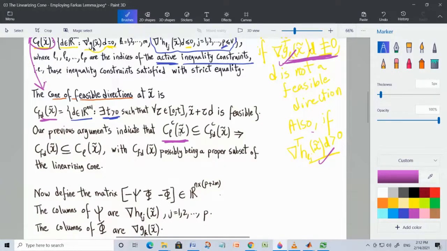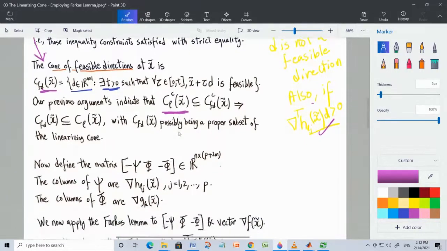Let's see where we are. The cone of descent directions in R^n consists of the directions u such that the gradient of the objective function f dotted with u is less than 0. Cone of descent directions means directions that if you move along them, you go to a new point at which the function f is strictly less than f of x tilde.